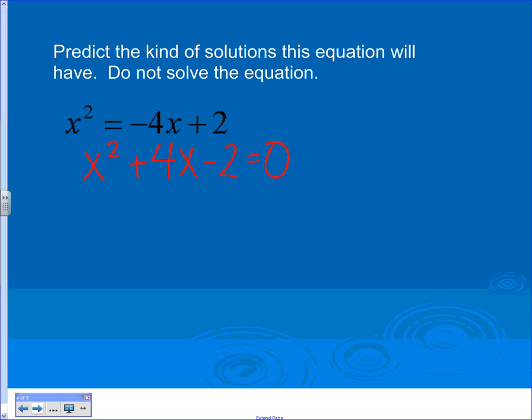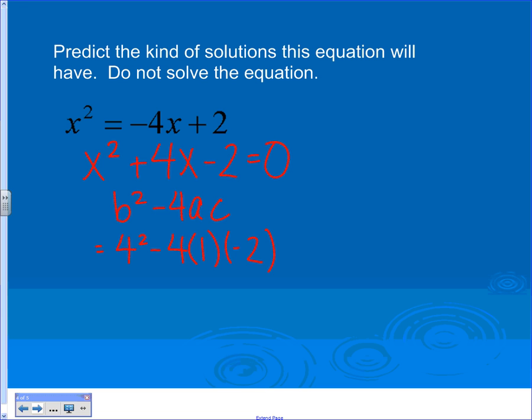You really only need the b squared minus 4ac. So we are only looking at b squared minus 4ac. What is our b? What is our a? What is our c? Y'all see how that works?